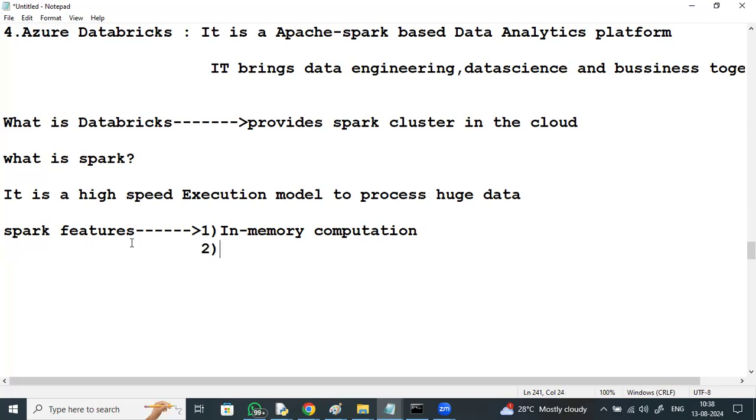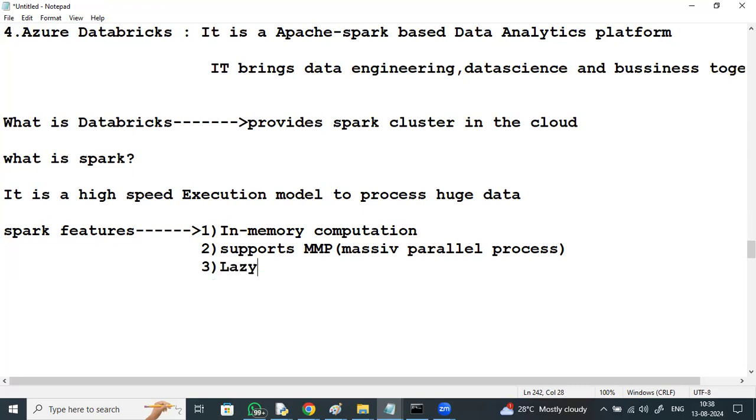It supports MPP, massive parallel processing.